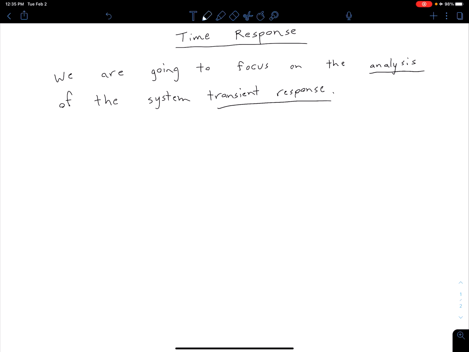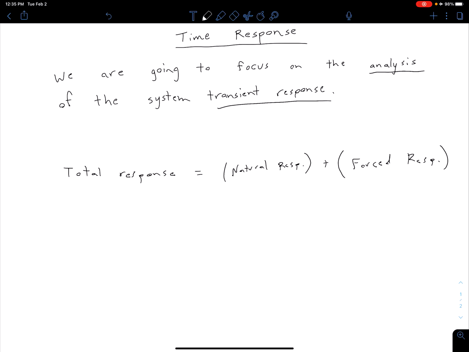First of all, we can recall that our total response is really the sum of our natural response and our forced response. So total response is equal to our natural response plus our forced response. One thing to note here is that nowhere in that representation is there a transient response.